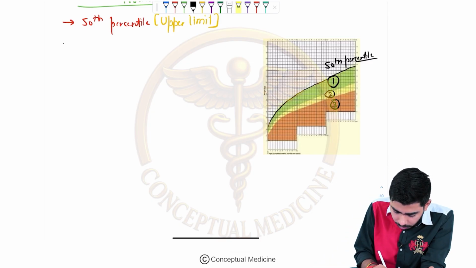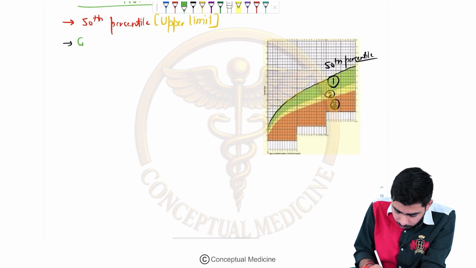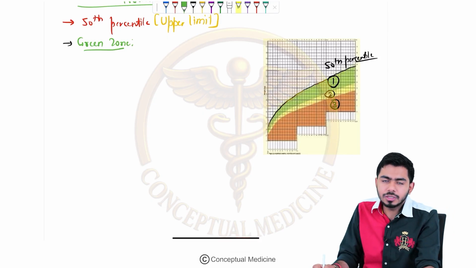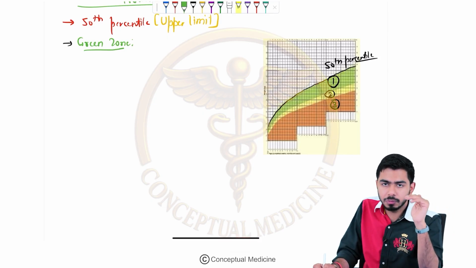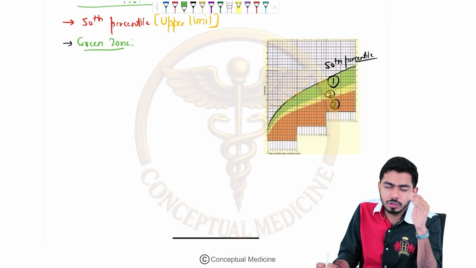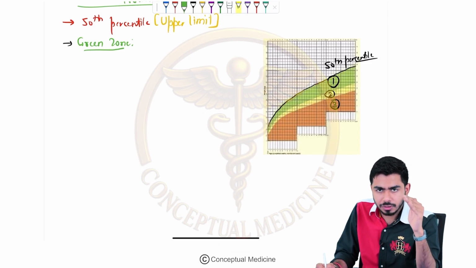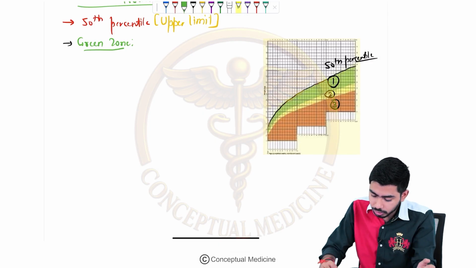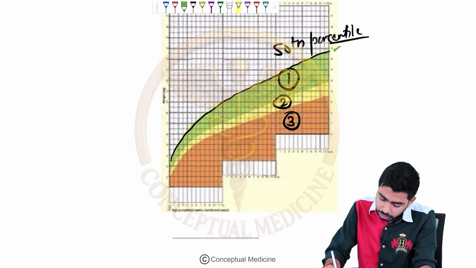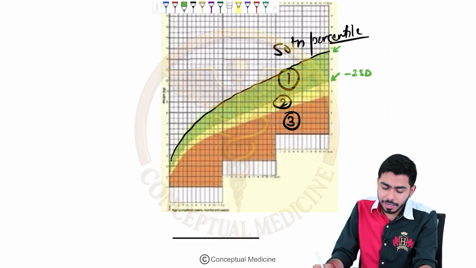Next point is, what about the green zone over here? When we are saying this is the green zone, as you can see below the 50th percentile, we are talking about the green zone. If it is below the 50th percentile and above -2 standard deviation, here we are writing the 50th percentile, and this one is the -2 standard deviation.